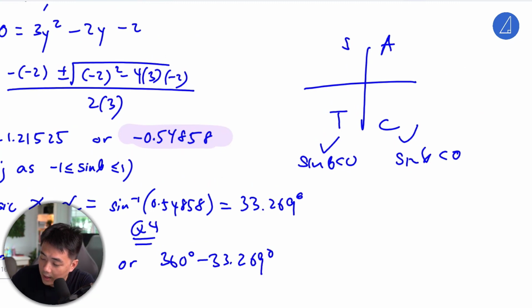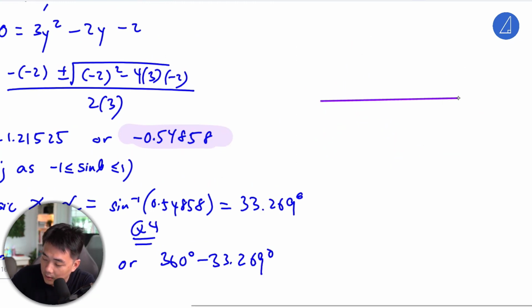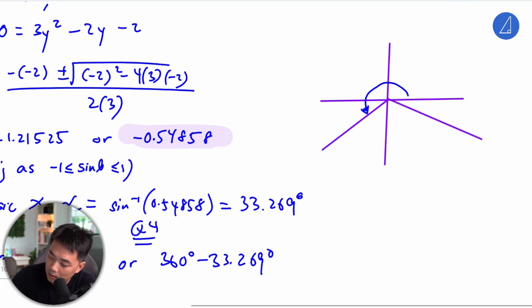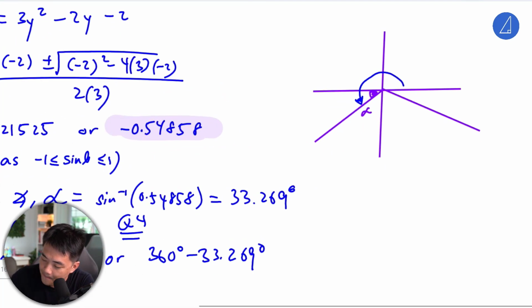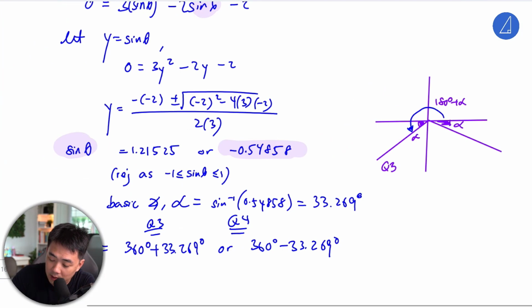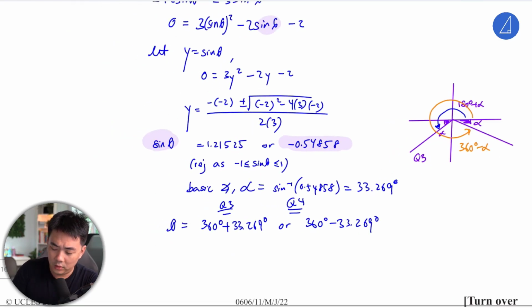Essentially the angle that we're looking at is this angle here. So this is your alpha, this is 180 plus alpha. This is in quadrant 3. If this is my basic angle, then I need this to be here, so this is 360 minus alpha. Key in the calculator, you should be able to get the answer there.